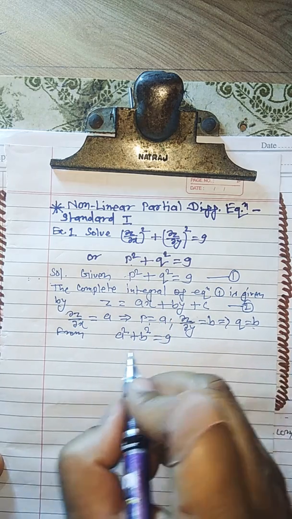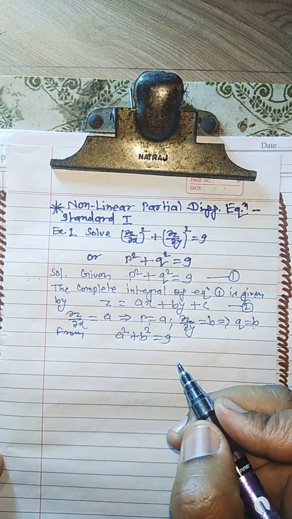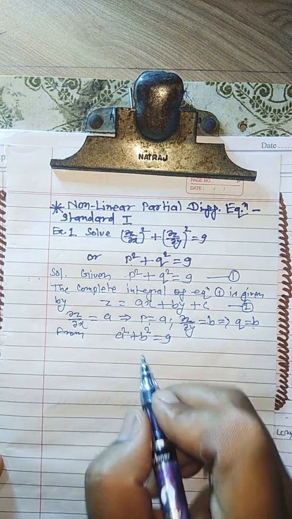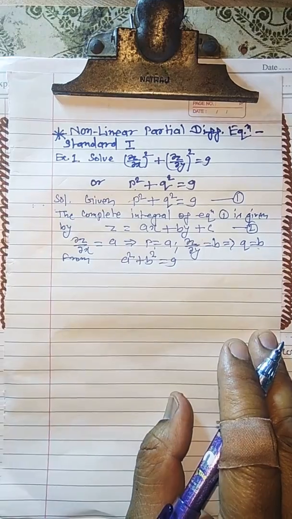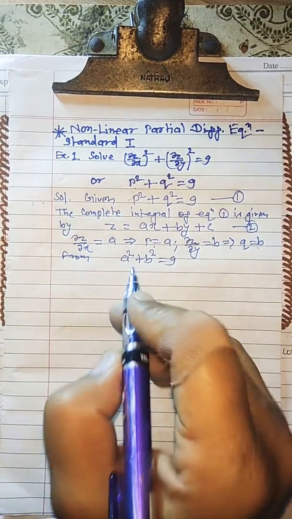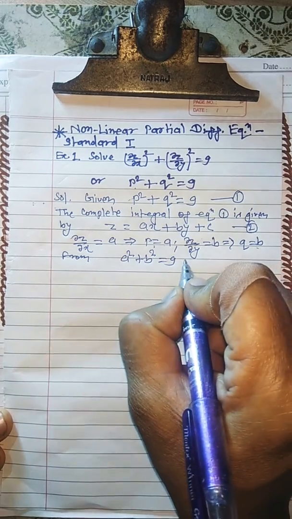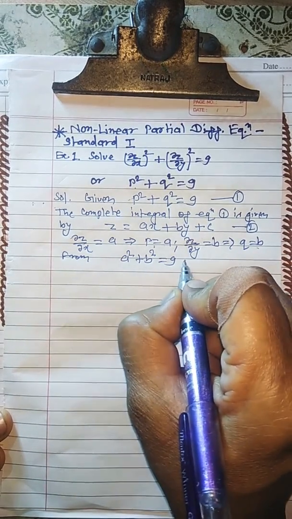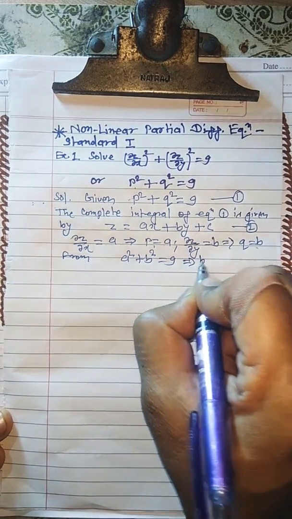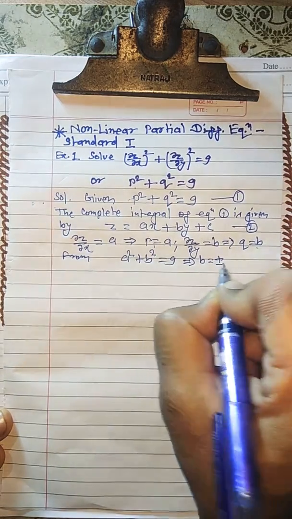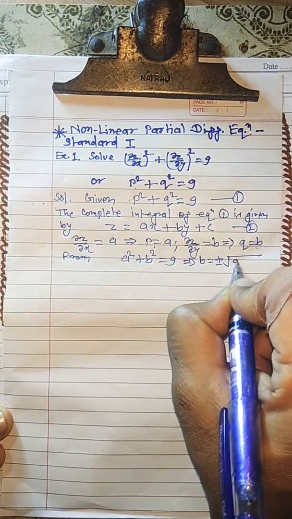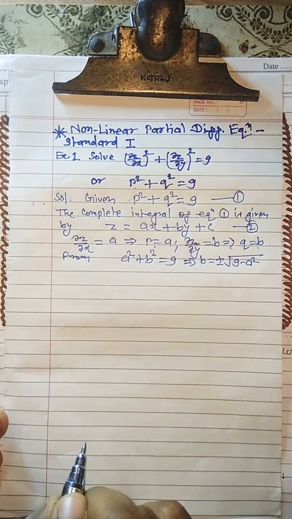Now here we find out either value of b in terms of a or value of a in terms of b. Suppose we are finding out value of b in terms of a. Here value of b is, that is b equal to plus minus under root 9 minus a square.